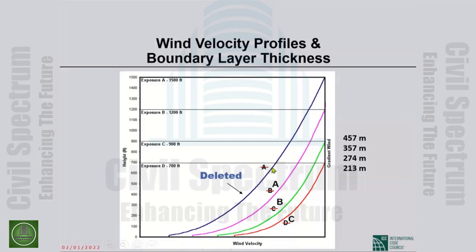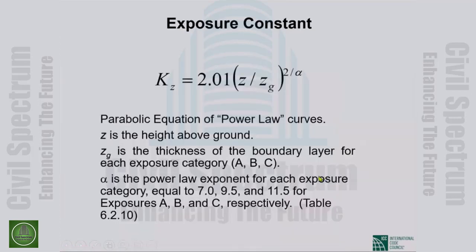What used to be exposure A of ASCE 7 years ago, centers of large cities, gave us the steepest rise. BNBC exposure A, you have a fairly steep rise. B, it is flatter. C, wind coming over a large body of water, you have the flattest rise.